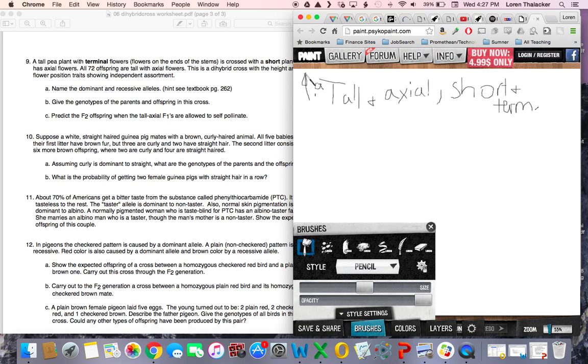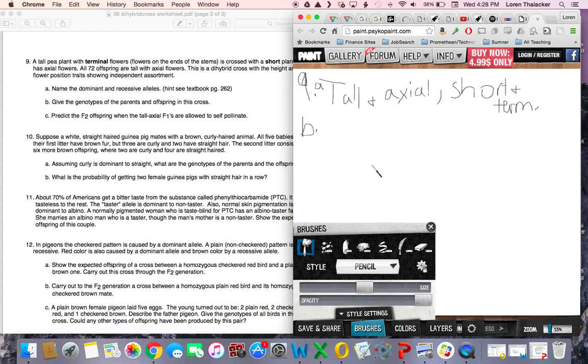Like that 9 there, that's a pretty good 9. There we go. Okay, letter B, the next letter, asks for the genotypes of the parents and the offspring in this cross. So, I see that all of my offspring look exactly the same, even though I crossed two completely different parents.